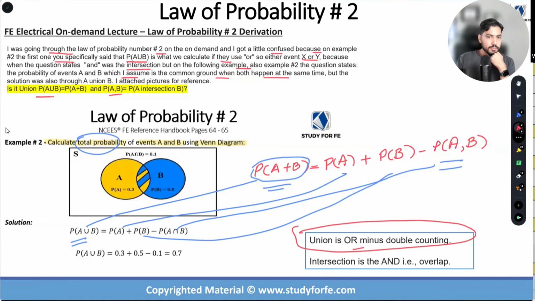Now, why is there double counting? I went through this derivation in the course in detail. Anyone can explain me why is there double counting? Because why don't we just leave it as PA plus B? If we go back to our basic mathematics intuition, should it not be simply equal to PA plus PB, right?